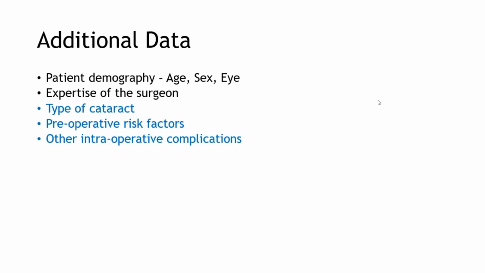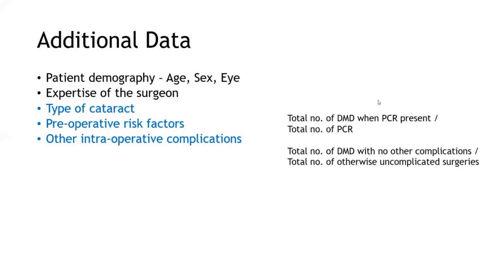Yes, divided by. Yes, correct. Okay, so that would be the one thing. The other one would be to compare it with uncomplicated cataract surgery. Total number of DMD in uncomplicated cataract surgery divided by the total number of uncomplicated surgeries. Okay, so again, next we'll go to any other information that you need from the case records.